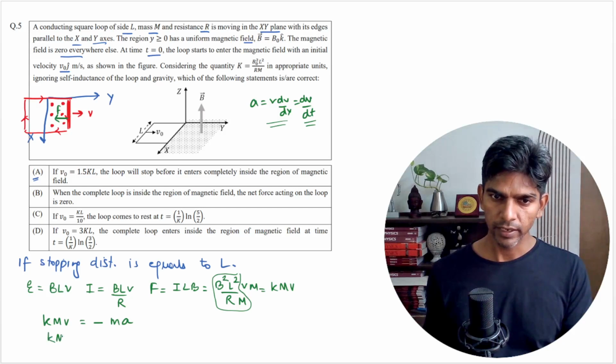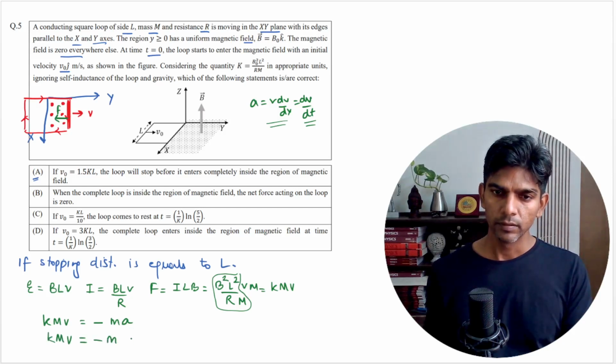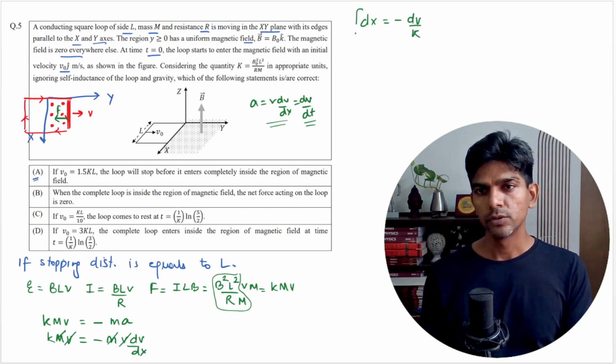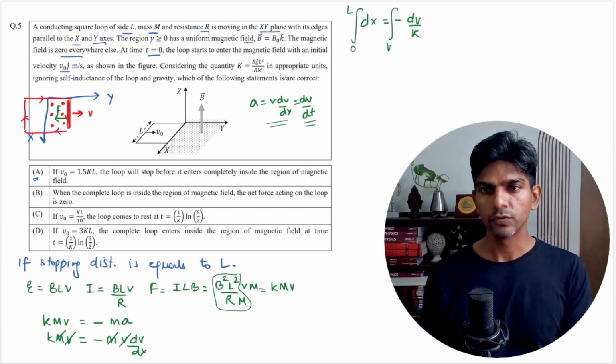So KMV is equal to minus m times v dv by dx. So v will get cancelled out, m will get cancelled out. From this we can say dx is equal to minus dv by k. So if I integrate this from 0 to L, velocity is varying from v0 to 0.